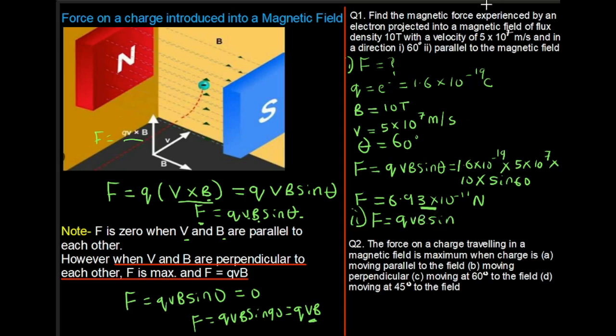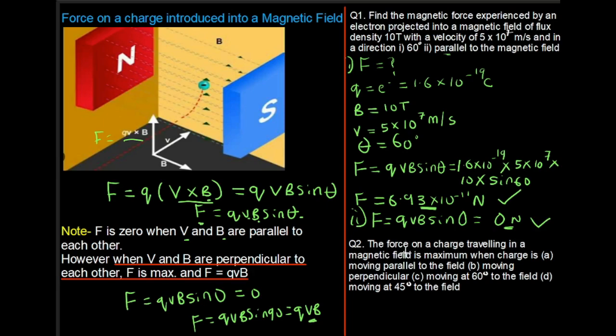But in this case, since they are parallel to each other, the angle between them will be 0. Whenever you have quantities parallel to each other, the angle is always 0. So we are going to have sine 0, and sine 0 is 0. So 0 times the whole of this will give us 0. So the answer to this is 0 Newton. This is the answer to the first part of the question, and this is the answer to the second part.